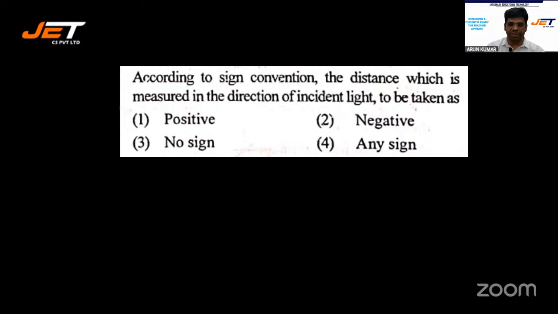According to sign convention, distance which is measured in the direction of incident ray is taken to be positive. All right, because it's the first question I'm answering, and because sign convention we have not dealt with, I'm introducing you sign convention through this question, right? So yes, Raghu is right, Andrew is right, Sunita is right, Nikita, Shravanti, Srinitya, Harish, all of you are right. Raghu, good. It's positive.